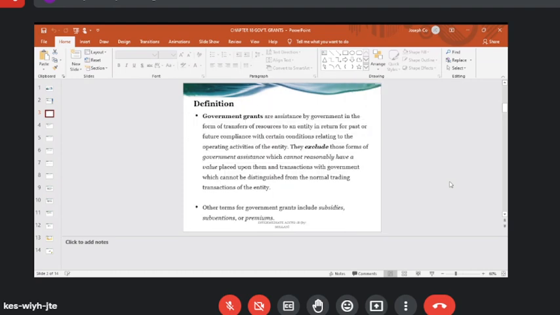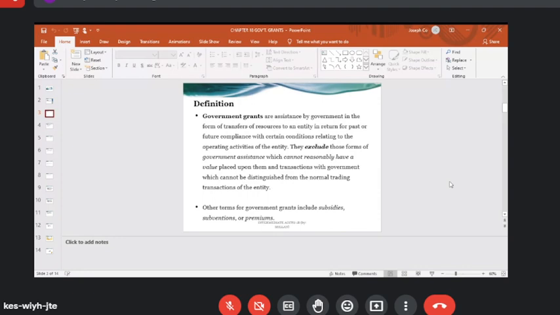Definition. Government grants are assistance by government in the form of transfer of resources to an entity in return for past or future compliance with certain conditions relating to the operating activities of the entity.